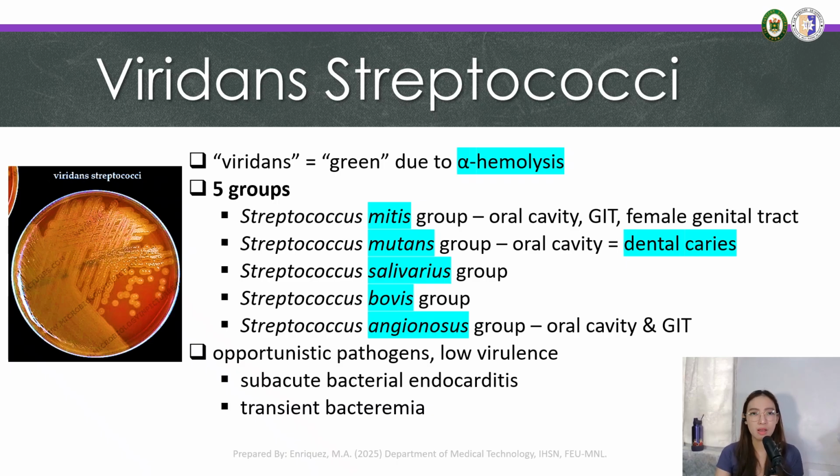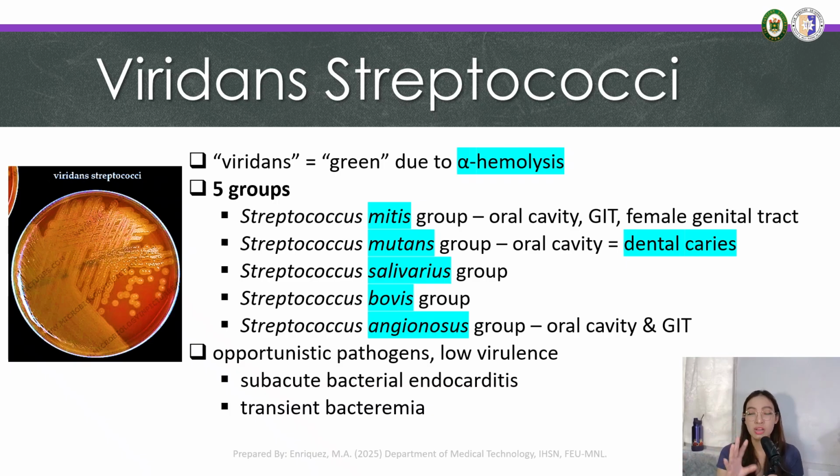Viridans streptococci are fastidious, and some of them require carbon dioxide for growth. They are divided into 5 groups, pero since hindi nga naman po sila ganun ka-clinically significant, and we usually just observe them as contaminants or normal flora, we will no longer be discussing these 5 groups in further detail.